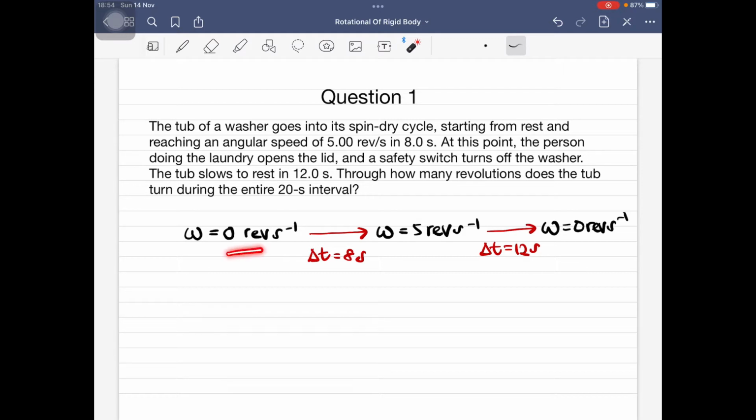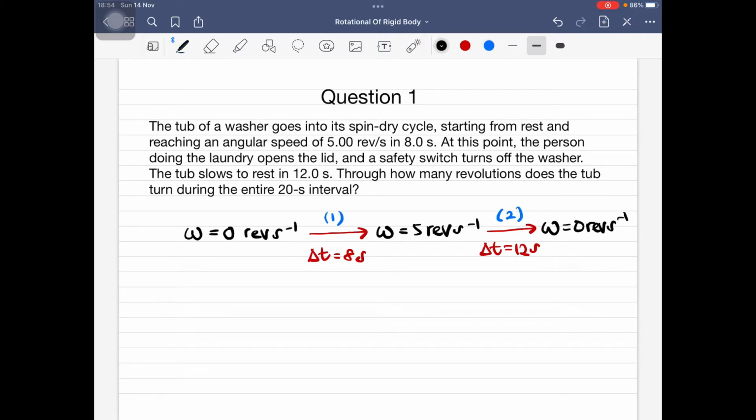Satu daripada kosong pergi kepada 5 revolution per second, and then daripada 5 kepada kosong, dan dia mengambil masa yang berbeza. So for that kita akan gunakan kita punya angular kinematics, dan kita akan gunakan untuk kedua-dua part. Okay. So untuk memudahkan kamu, the first change saya akan letakkan dia sebagai first part, and then change yang kedua saya akan letakkan sebagai second part.